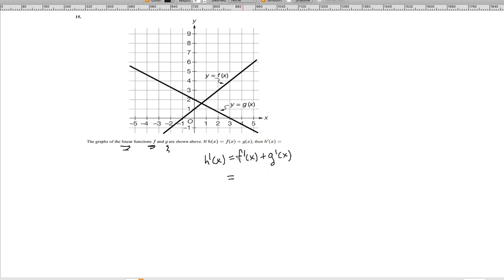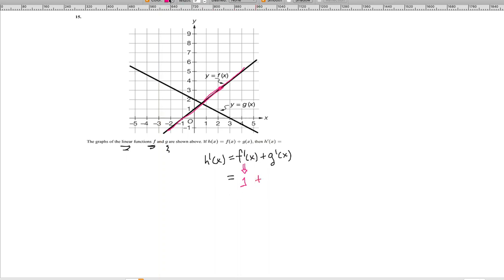The slope of the tangent line to f of x is just the slope of this line. If you pick a point here, the tangent line is that line right there, and the slope of that line is exactly whatever the slope is, which is just 1.